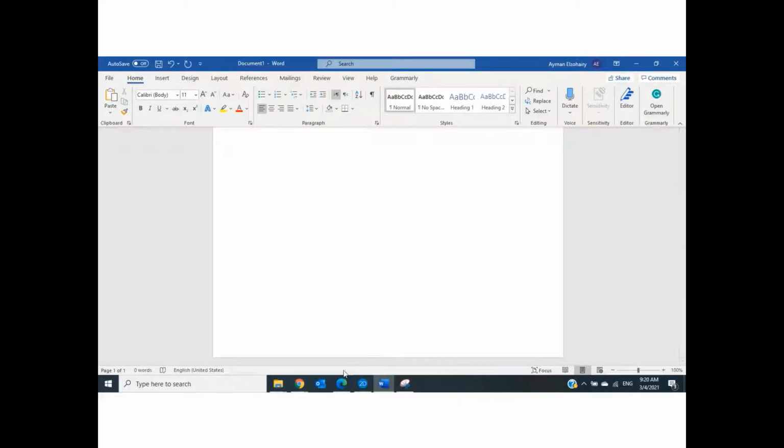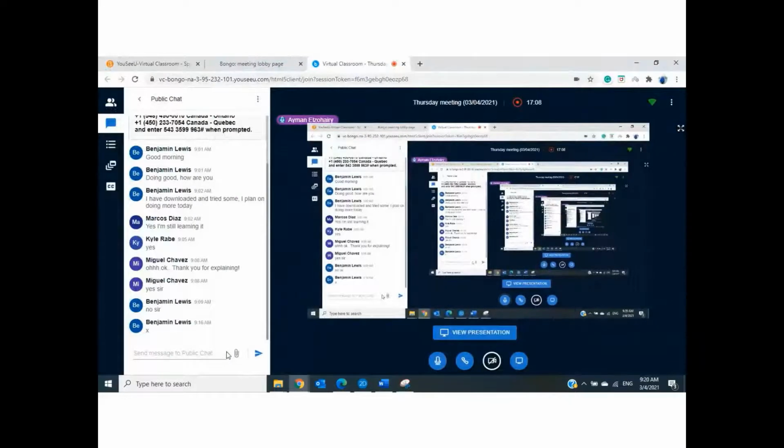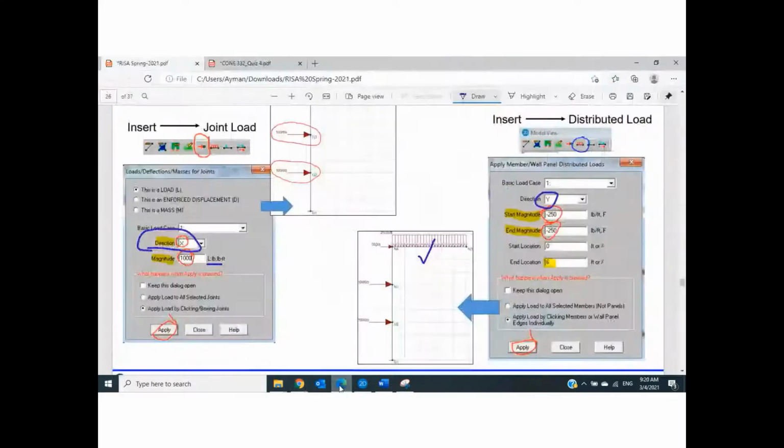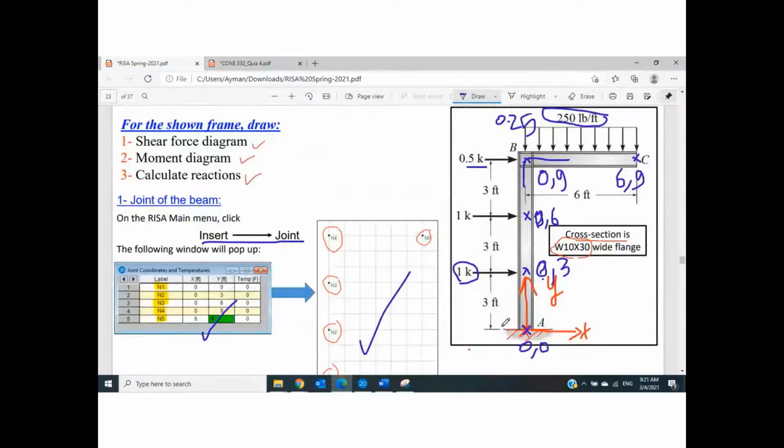Do you have any question so far? Do you think there is a big difference between beam and the frame? The only difference between beams and the frame, in frame we have coordinate in X and Y sometimes.